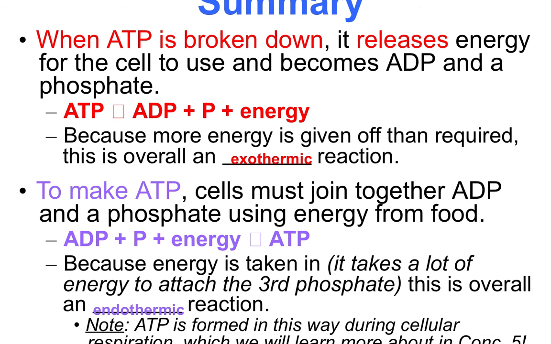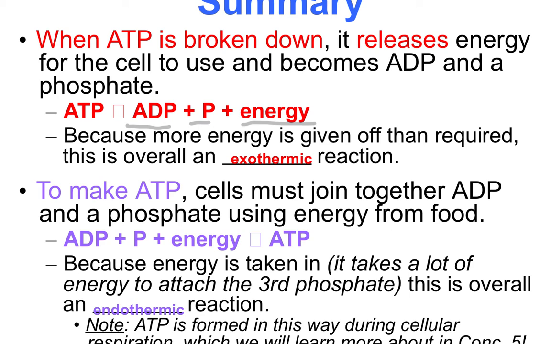So I know this is a little complicated, but let's just summarize what we've said. When ATP is broken down, it releases energy for the cell to use and becomes ADP, and then a phosphate group is added, making it once again ATP. So ATP is essentially broken down to form ADP, this phosphate group, and it releases energy.